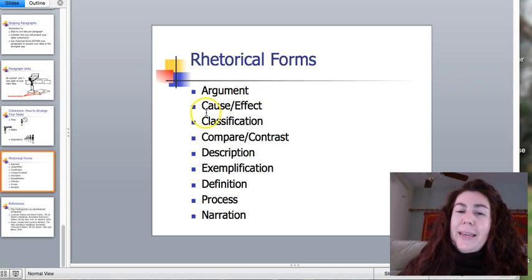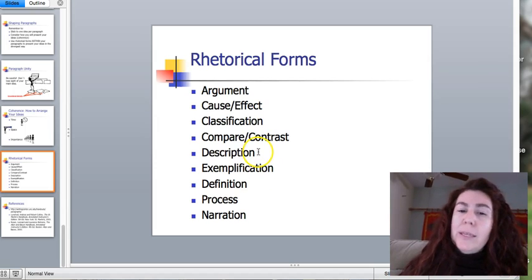So I think I'm going to give you a worksheet that defines these rhetorical forms in more depth, but I just wanted to show you a couple of these so that you can see, yes, within my paragraph, I could really use compare and contrast to highlight the differences between these two approaches.